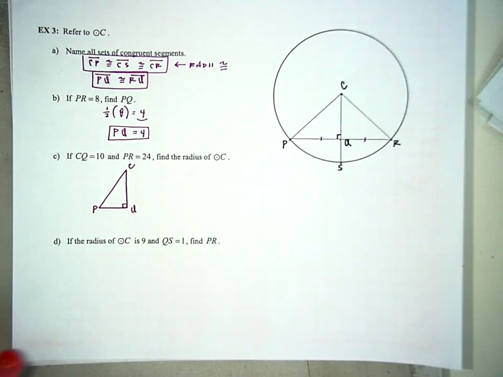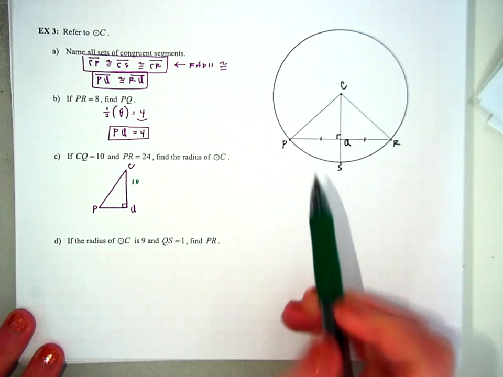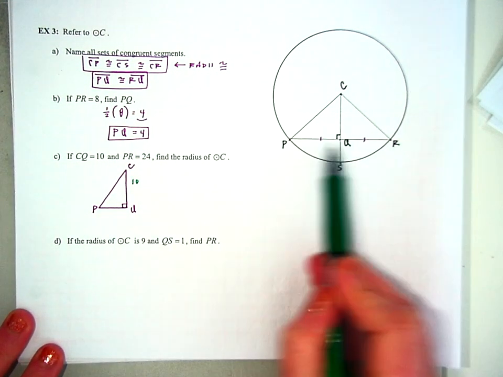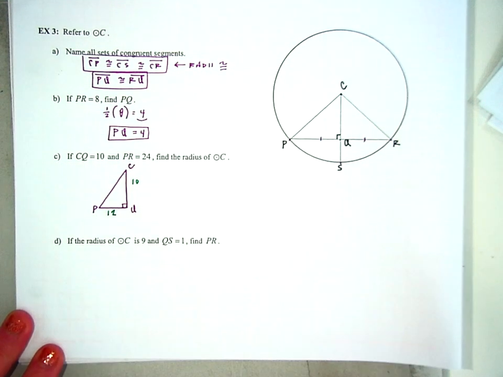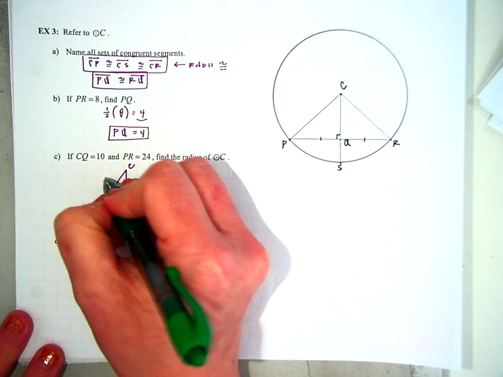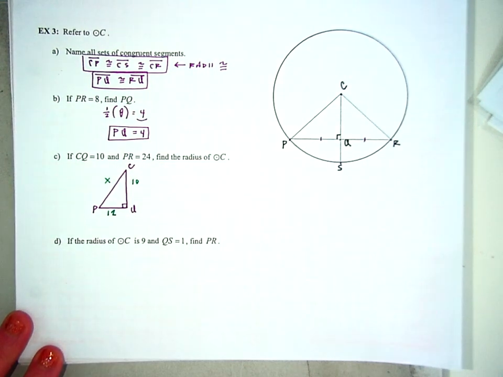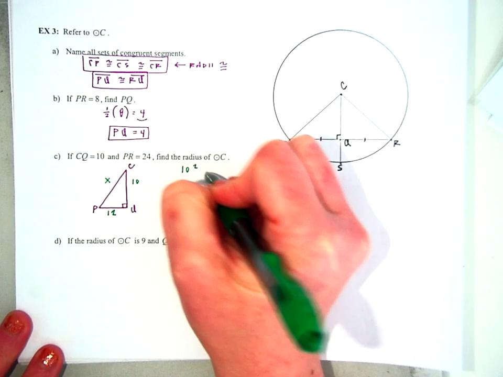I know that CQ is 10, so let me label that 10, and PR, this whole span, is 24, so split that in half, and PQ is 12. I'm solving for a radius, and that's just right here. That's the hypotenuse of my triangle. I'll call it X. Here again, I'm back to the Pythagorean Theorem. This whole section is about the Pythagorean Theorem.